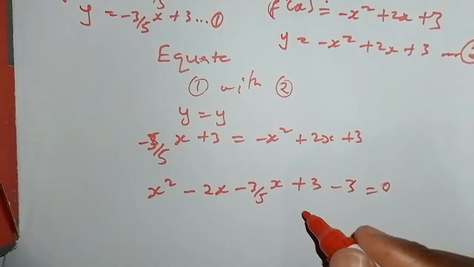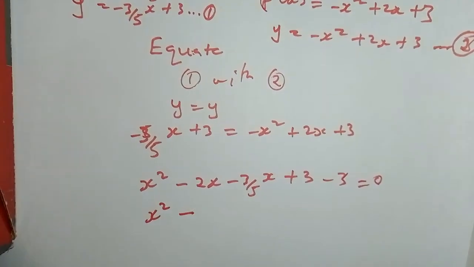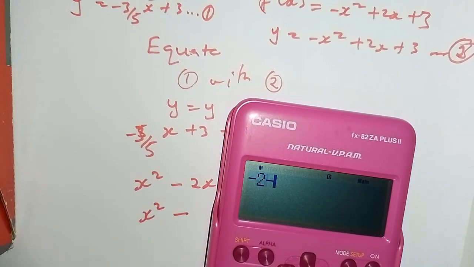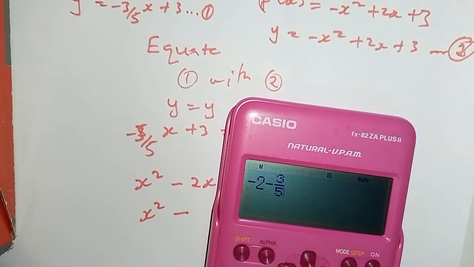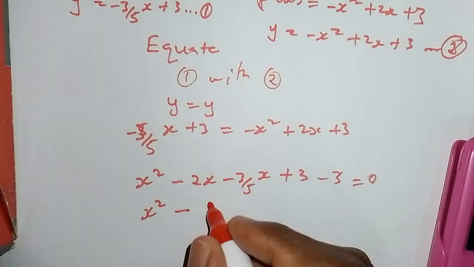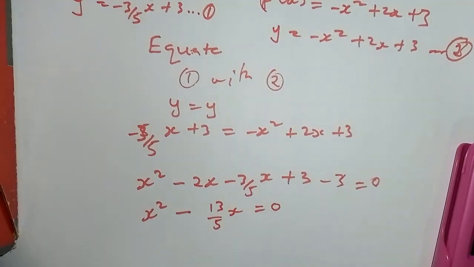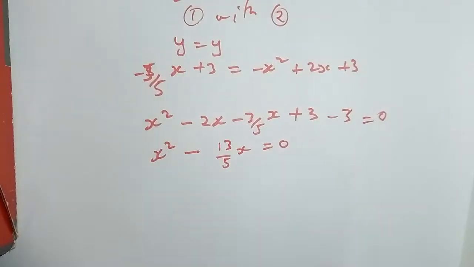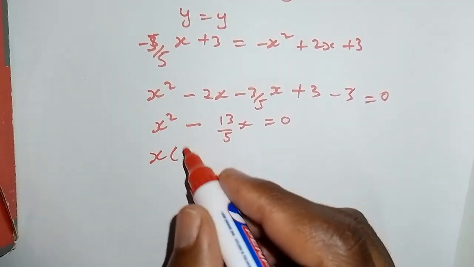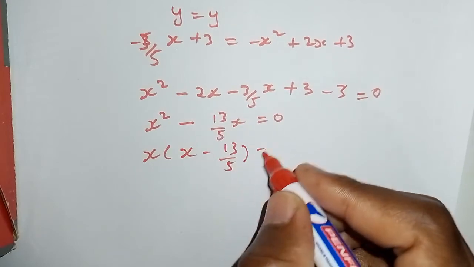This and that will cancel. I'm going to have x squared minus 2 minus 3 over 5, it's minus 13 over 5 x equals 0, because 3 minus 3 is 0, right? What is common here? It's my x. x is common, then I'm going to have x minus 13 over 5 equal to 0.